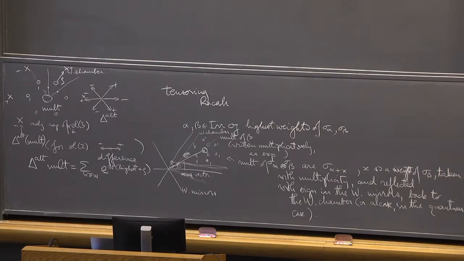And now, if you take sigma 2 tensor sigma 10, and this is something that physicists are very familiar with, this would be sigma 2 minus 10 plus sigma 2 plus 10, yes?